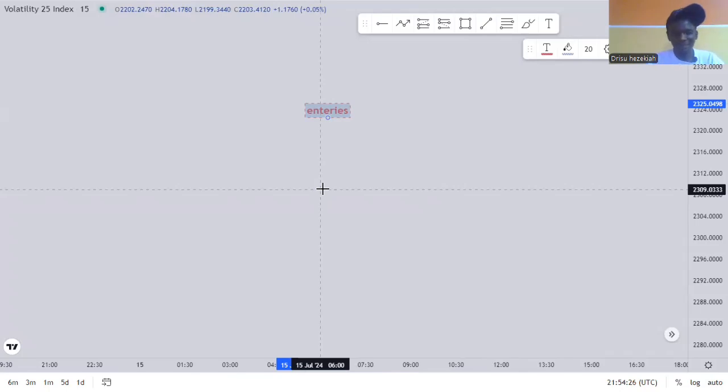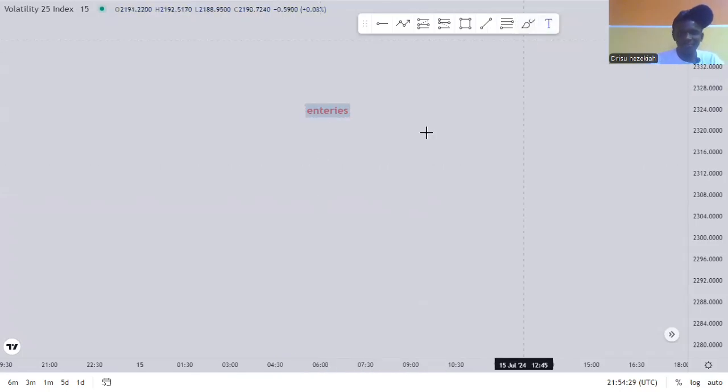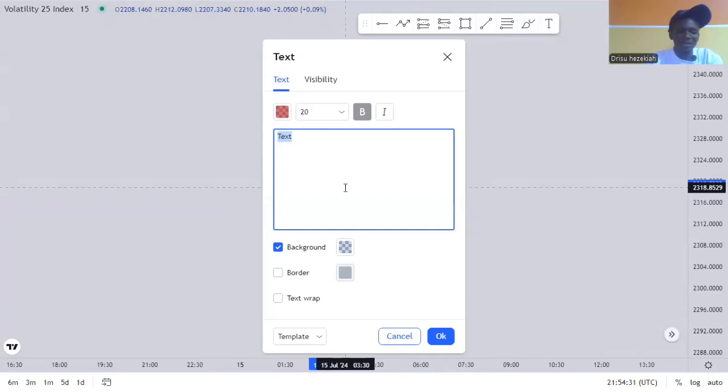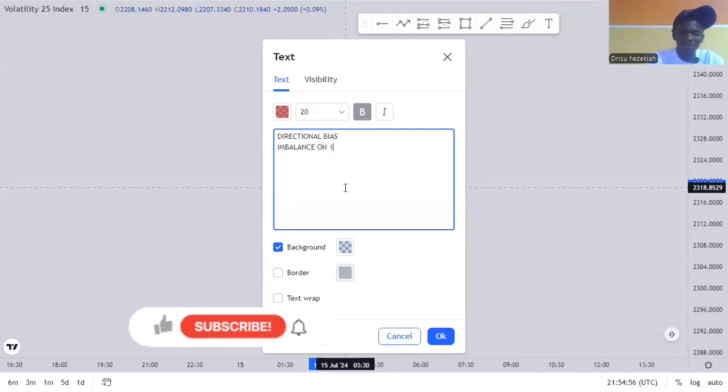After you've determined your directional bias, and you've mapped out your imbalance on the 15-minute time frame, then you scale down to the 1 minute time frame.